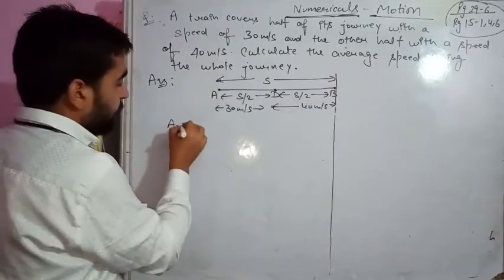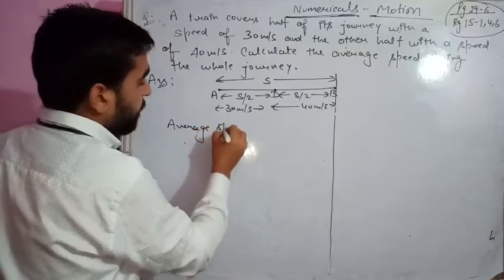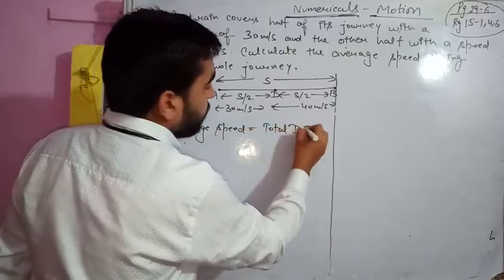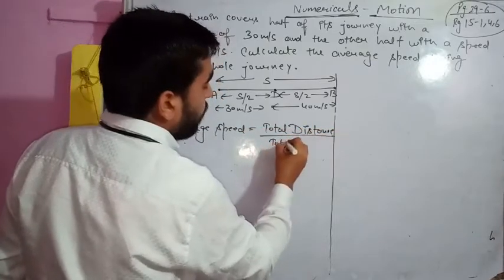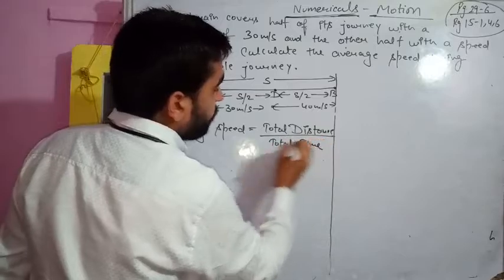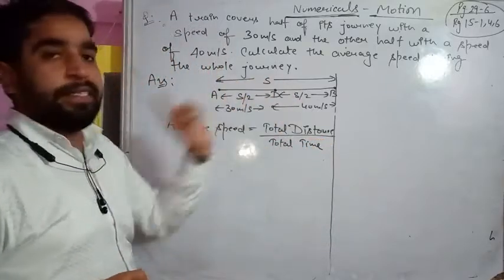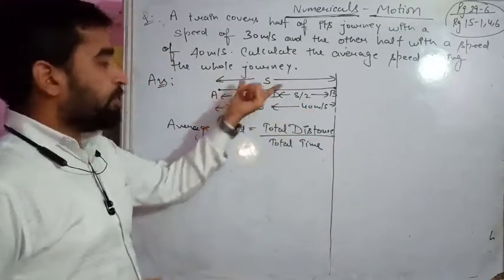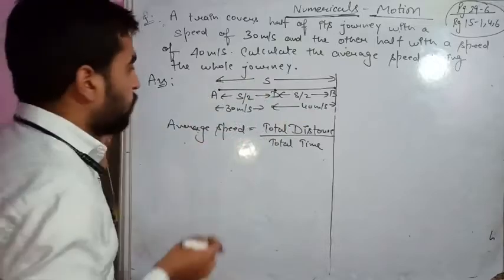So students, whenever we are calculating average speed, then we should be aware about one thing, that is total distance, and another thing, that is total time. So total distance we all know. We can see that is S. So S upon 2, S upon 2 we have broken out. So total distance is S only. Or if you want to ease your calculation, I can tell you one more.